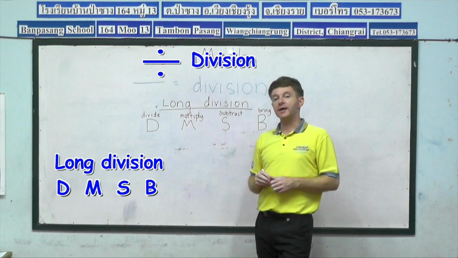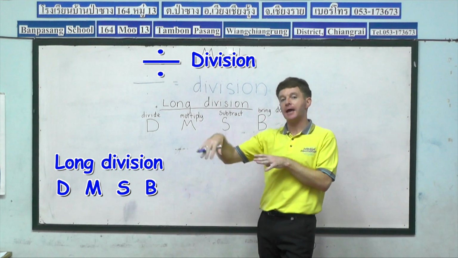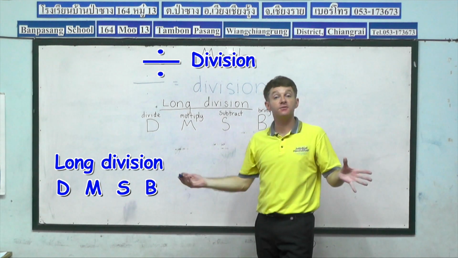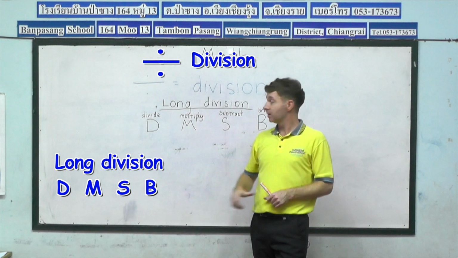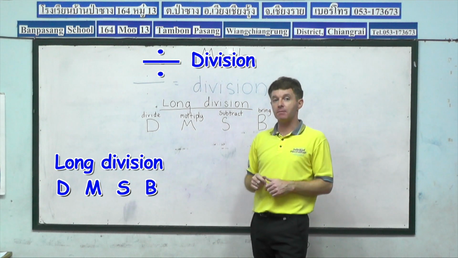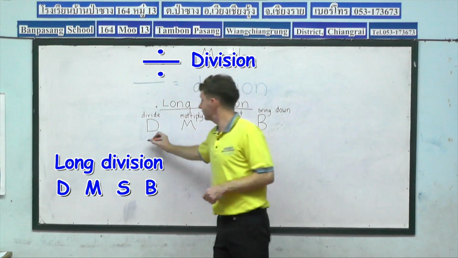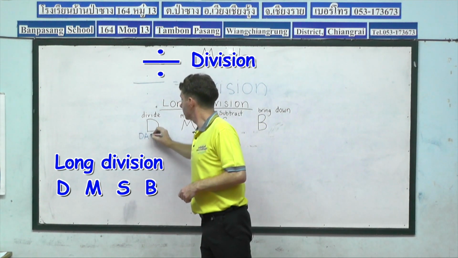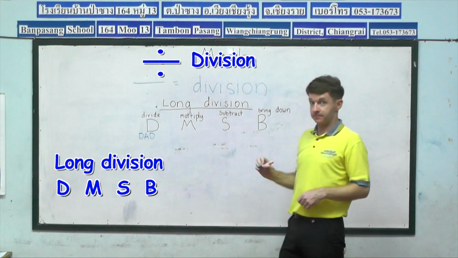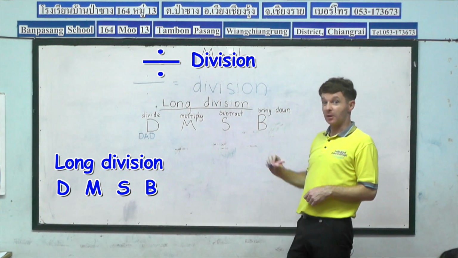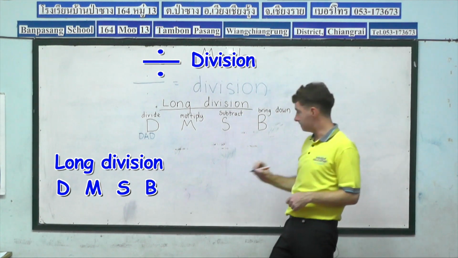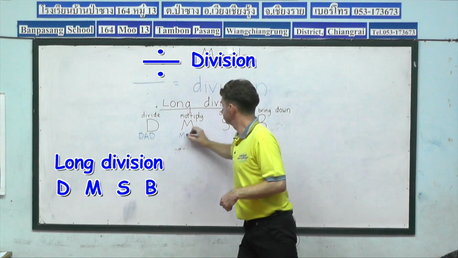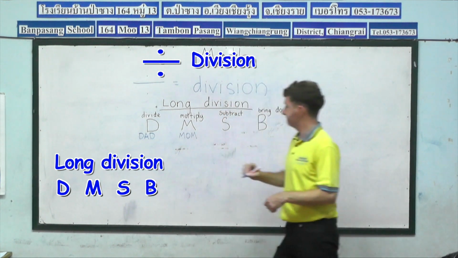And a good way for us to try to remember the steps that we need to do is to think about our families, because each of our family members also share this initial too. For example, D, Dad. Okay? Now who can guess M? Mum. M-O-M.